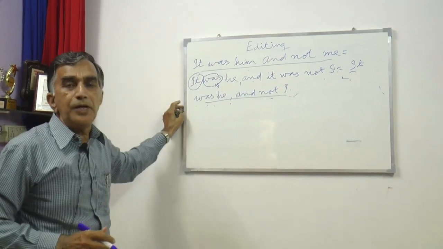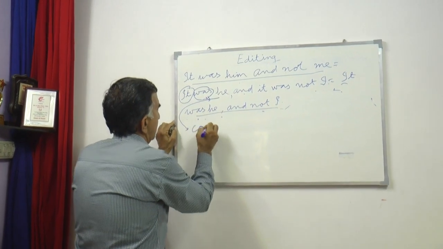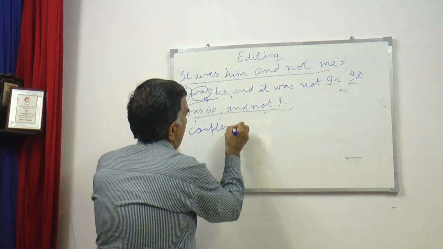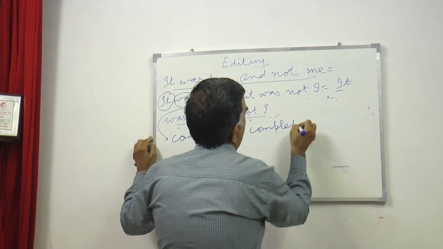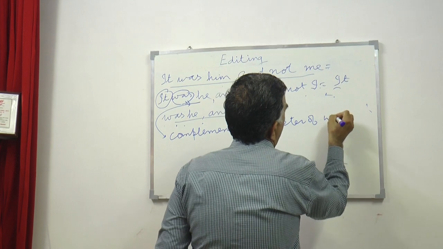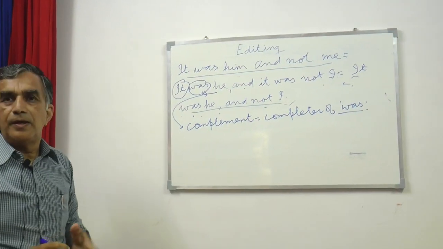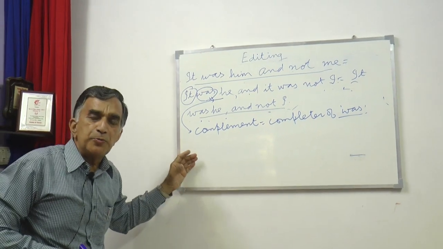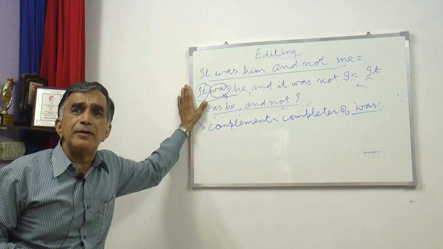Now, it was he. He here is a complement or completer of was.